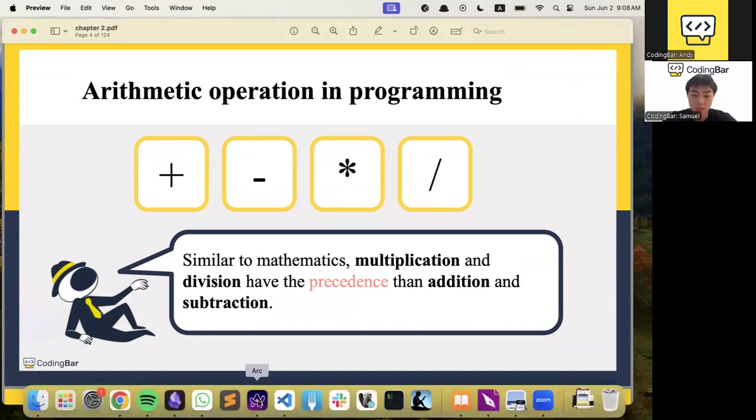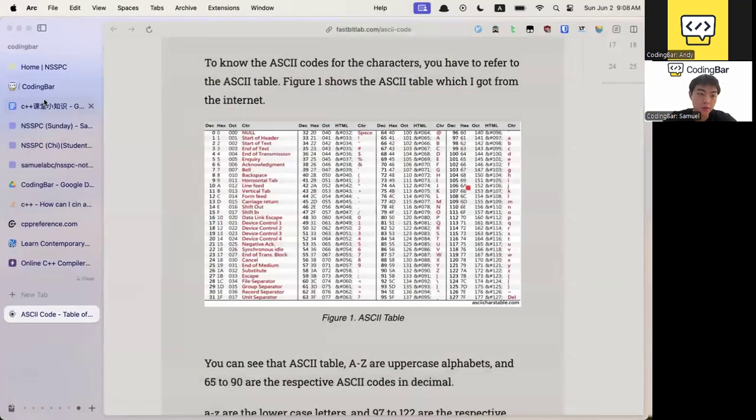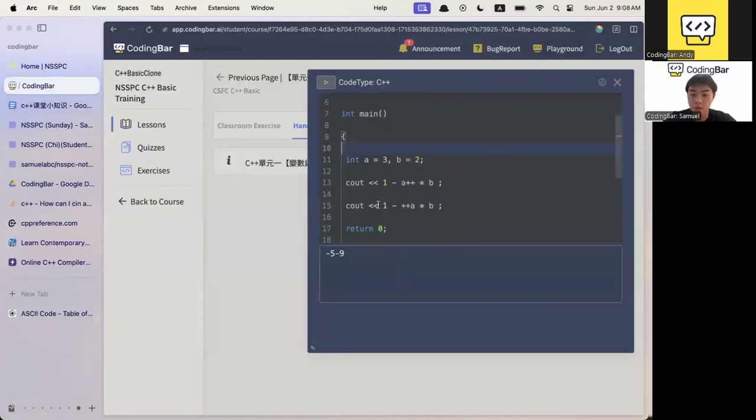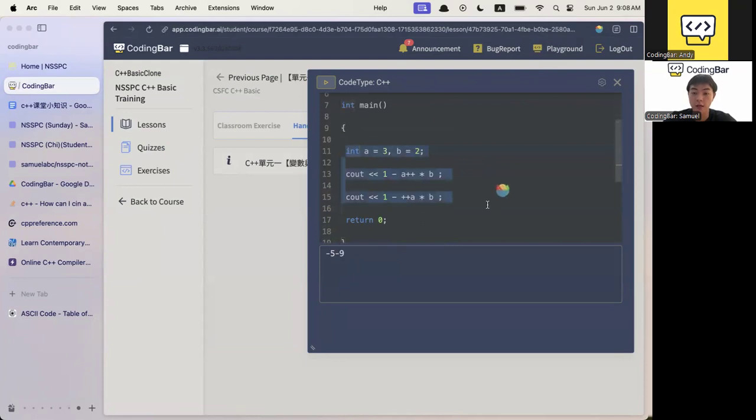So what does this mean? This means, for example, if I have an expression integer a equal 1 plus 2 times 3, what will be the number a?